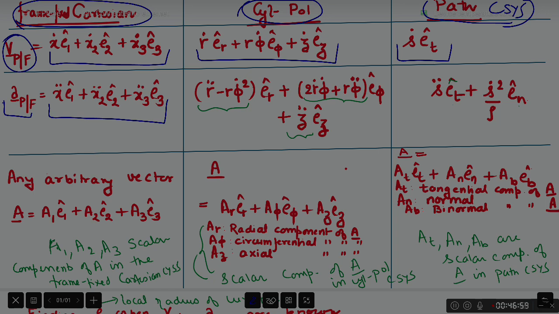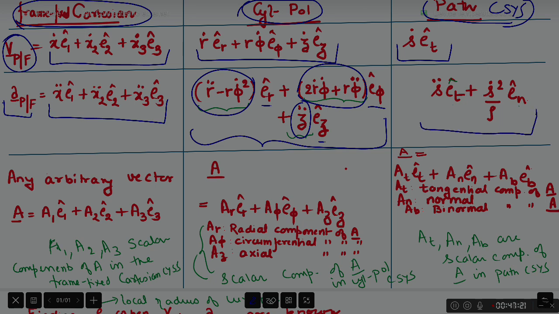Expression for APF in a frame fixed Cartesian coordinate system is the simplest expression that we can have for a general three-dimensional motion of a particle. If you choose to work with the cylindrical polar coordinate system, you have this expression, with scalar components along ER, E phi and EZ. And finally, if you have the path coordinate system, then this is the expression that we obtained just a couple of minutes ago.